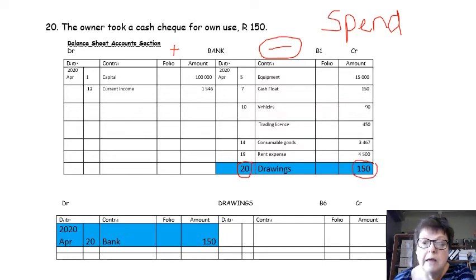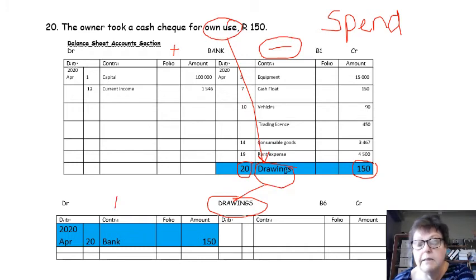If the owner takes anything for own use, you should know it is called drawings. Name of the other account concerned, drawings. Drawings is in the balance sheet section. You know that drawings increases on the debit side, decreases on the credit side. The date, money came from the bank, 150 Rand.